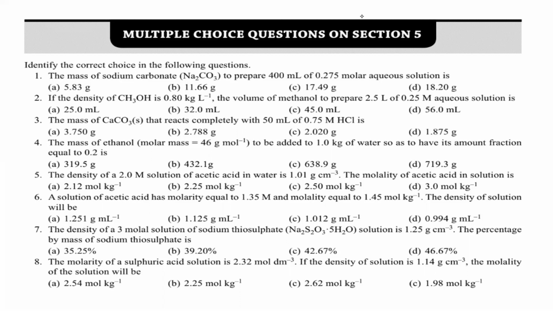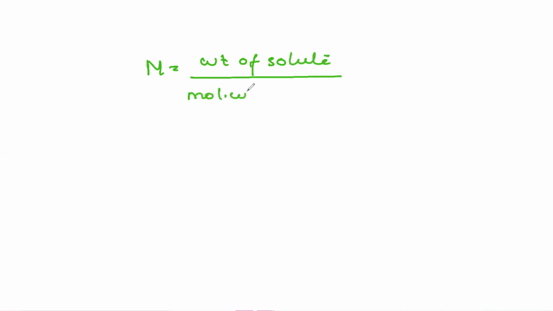And you know from molarity, M is equal to weight of solute by molecular weight of solute, into 1000 by V. In this case, we have to find this V only.